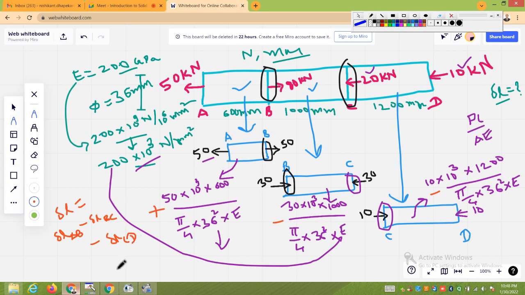You have to calculate and you will get the net change in length in this section. Please ask.